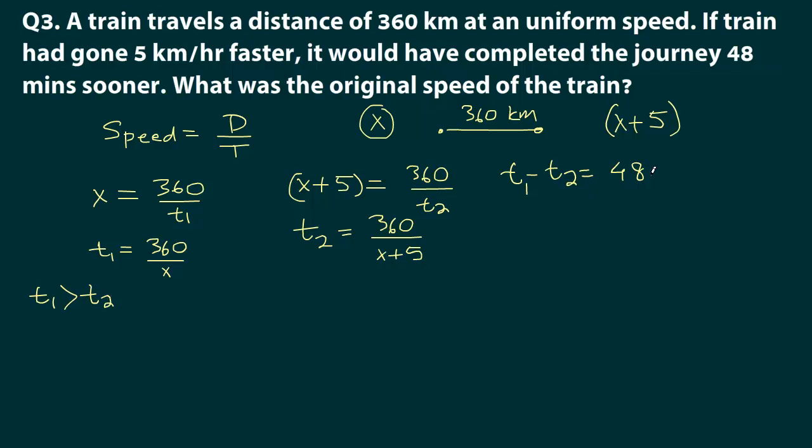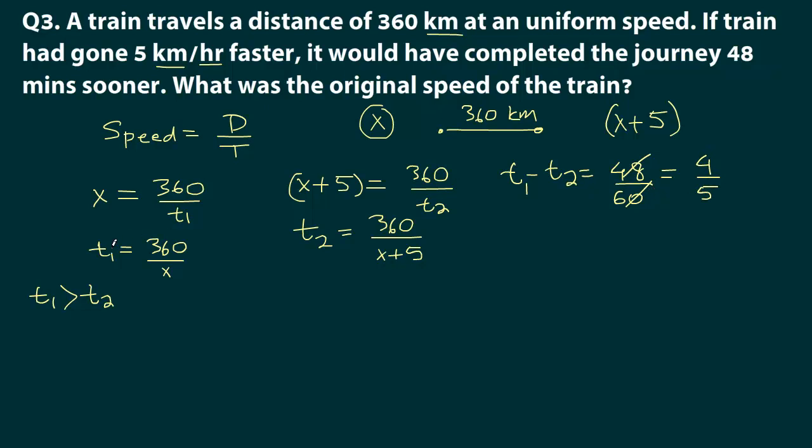So t1 minus t2 is 48. One quick observation: the distance is given in kilometers and the speed in kilometers per hour, so we want to convert minutes into hours to be consistent. We can divide both sides by 12. 12 fours are 48 and 12 fives are 60.